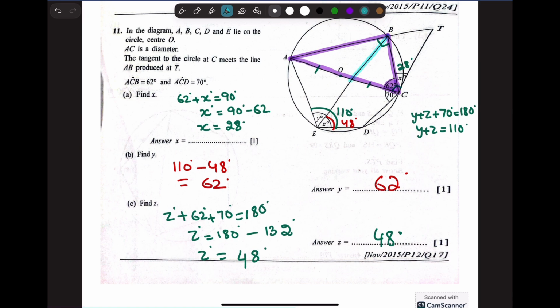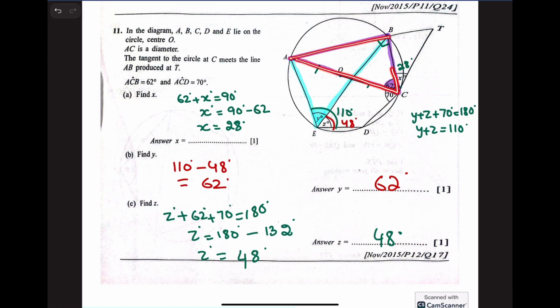Another angle made by the chord AB is angle Y. Angles in the same segment are equal, so this and this must be equal. So it was very easy to figure out that angle Y is equal to 62 if we use the property that angles in the same segment are equal.